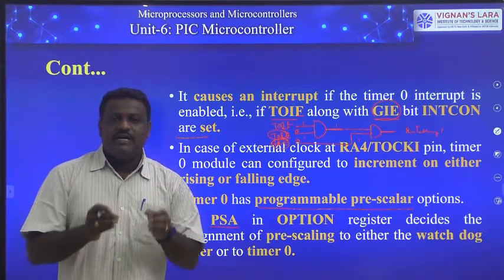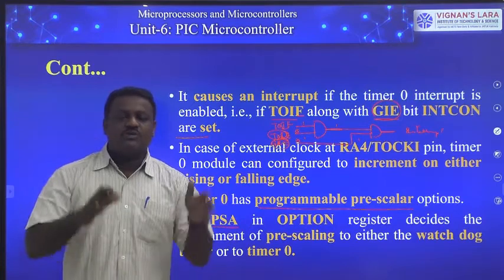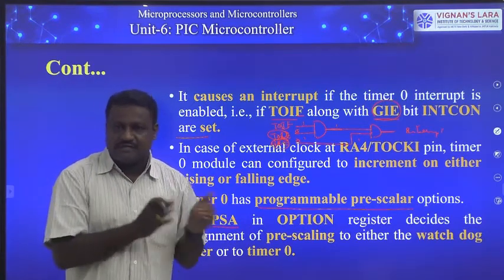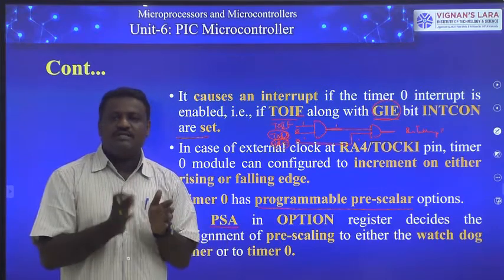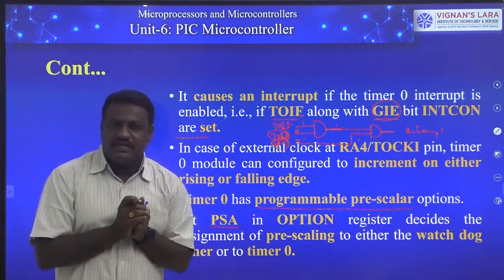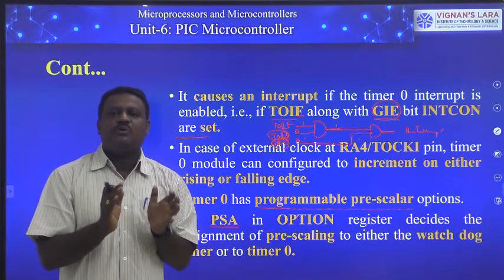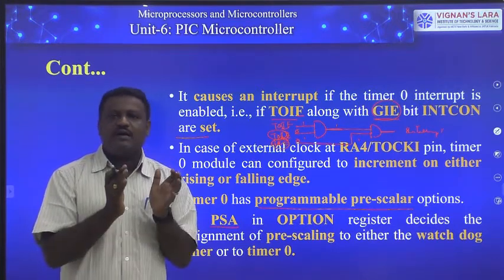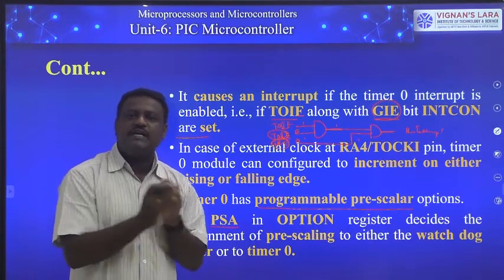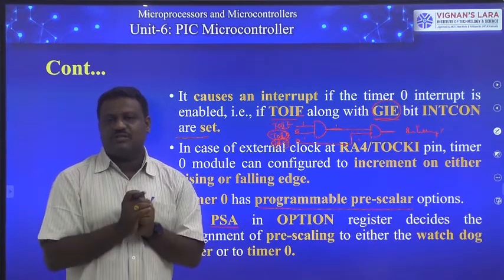That means it is very clear, friends. What are the timers? Your PIC 16F877 has 2 timers. One is timer 0 and the other is the Watchdog timer, WDT. Both support a programmable prescaling option that we can program with the help of the least significant nibble of our option register.